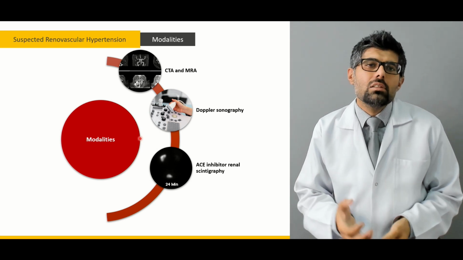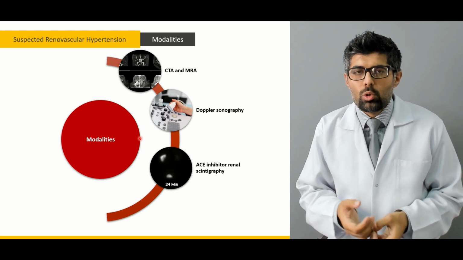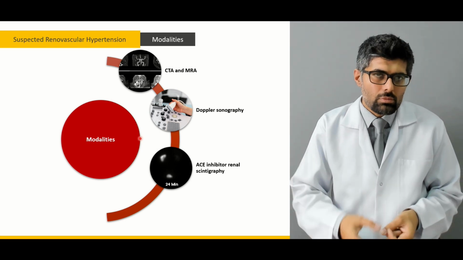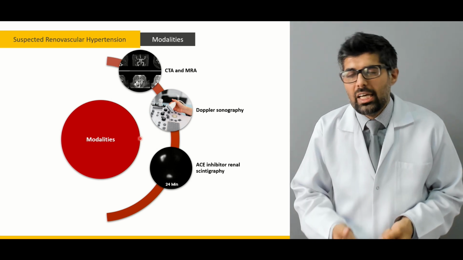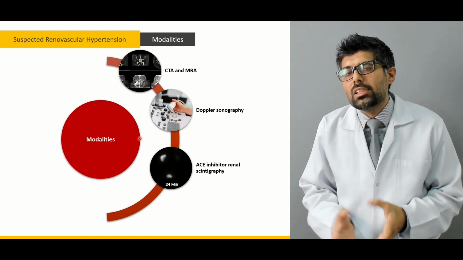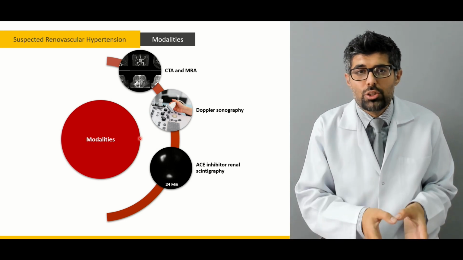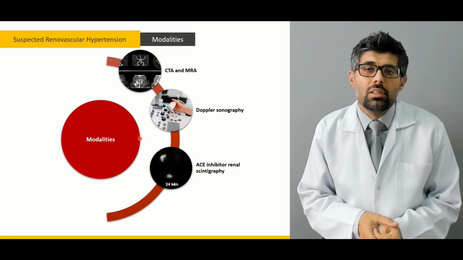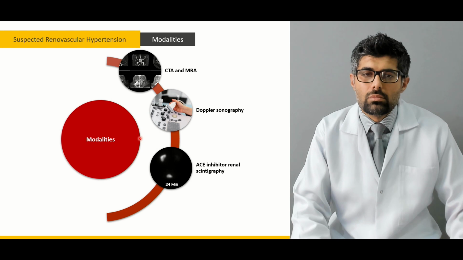Angiotensin converting enzyme is found in the kidneys, converting angiotensin 1 to angiotensin 2, so this study provides a definitive functional assessment of the kidneys. If the ACE inhibitor test is normal, there is no hypertension of renal origin. If it is positive, then we might suspect that the hypertension is from the renal area.